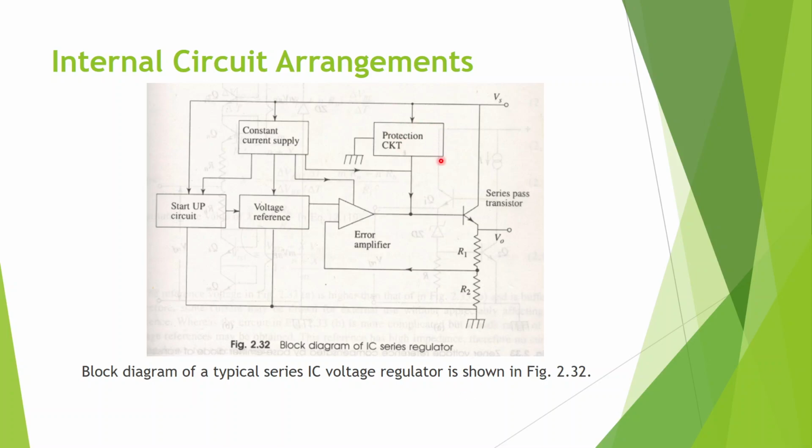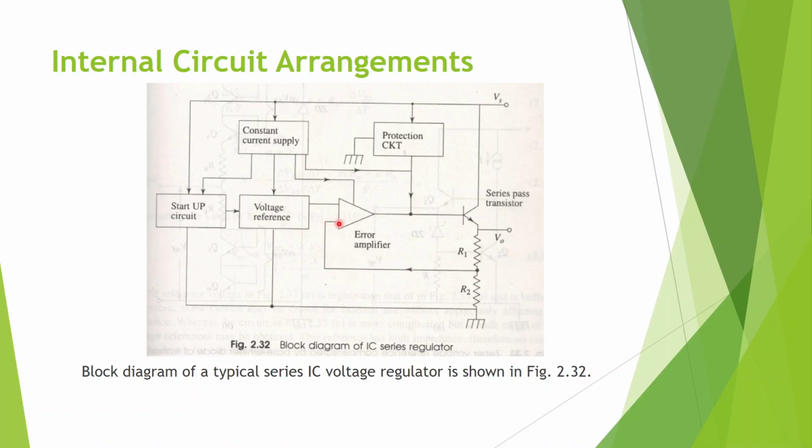So this is the protection circuit, we will be studying it in detail. Constant current supply, startup circuit, voltage reference, error amplifier, and R1 and R2 form the feedback circuit in which a part of the output is given as feedback to the input.